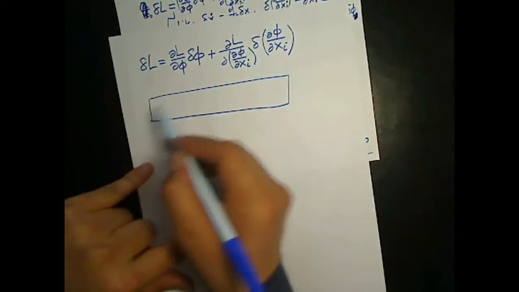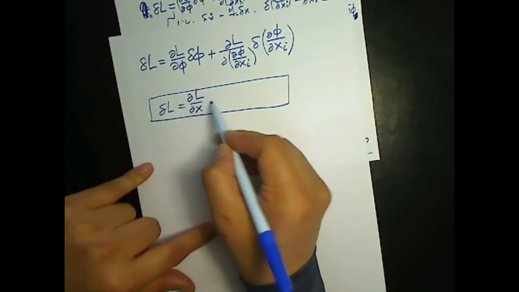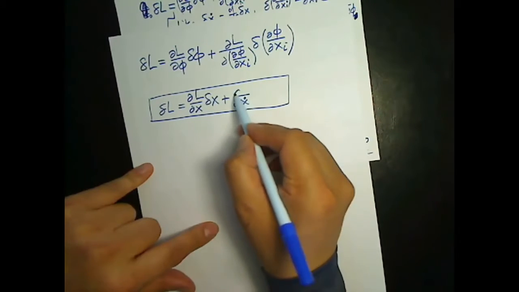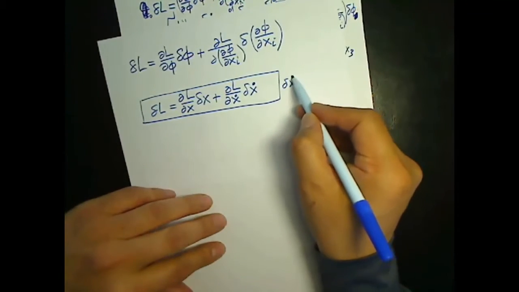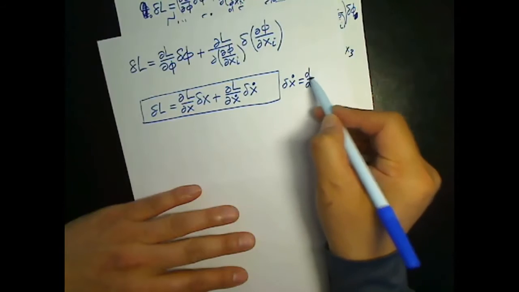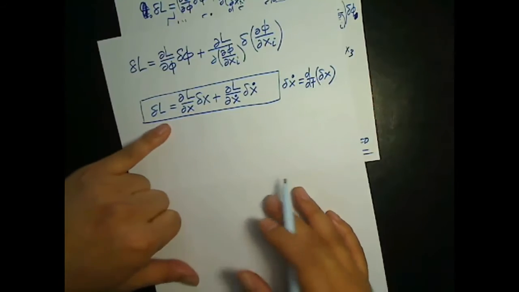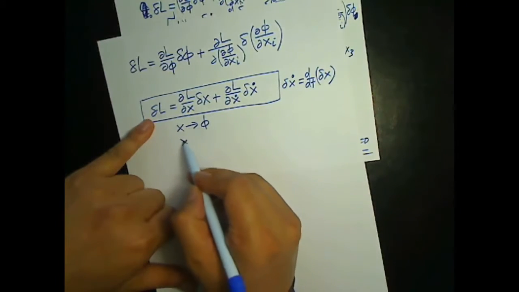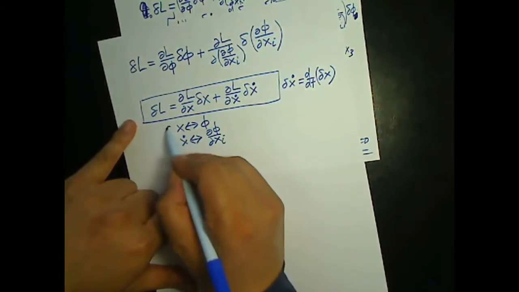Previously, if we vary the Lagrangian, it should be a function of x, a function of velocity, and a variation of velocity. And we replace this variation of the velocity with the time derivative of the variation, right? Here we have x replaced with phi, and x dot replaced by this analogy.